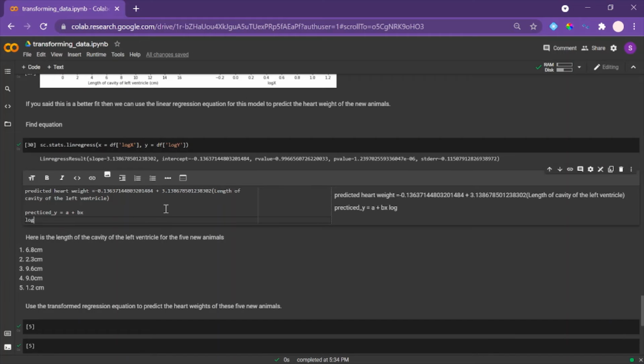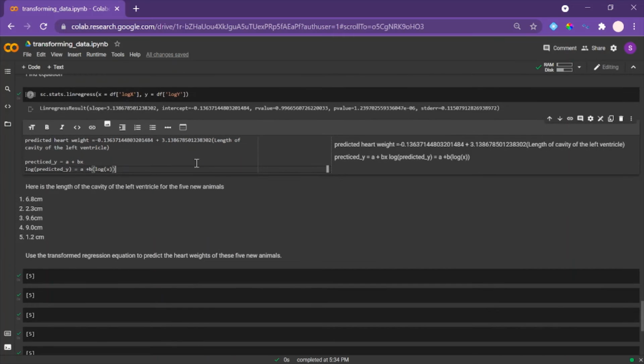So the way we do that is by multiplying both values, both independent and dependent variables, by log. So that's predicted y equal to a plus b times the log of x. Okay, and now that is our actual equation.